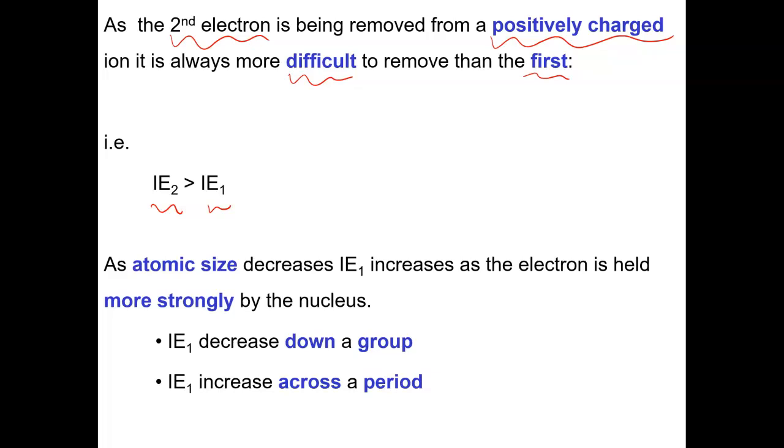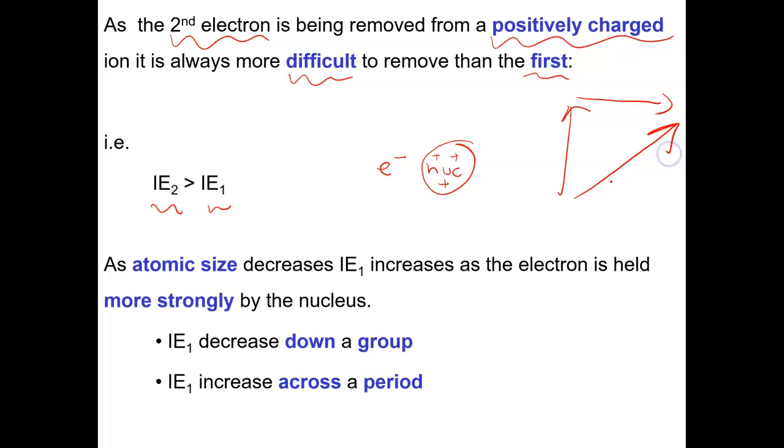So we want to keep in mind that the closer electrons are to the positively charged nucleus, the tougher they are to remove. So what this means is that, left to right across a period, atoms get smaller, therefore IE1 will increase.